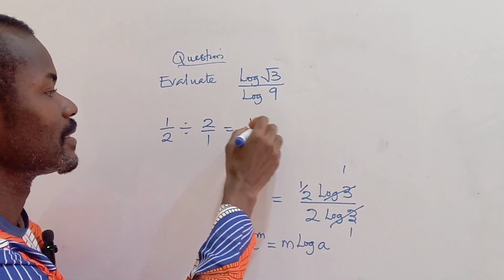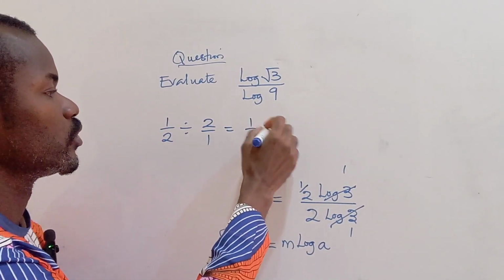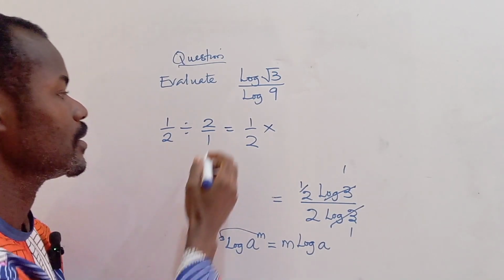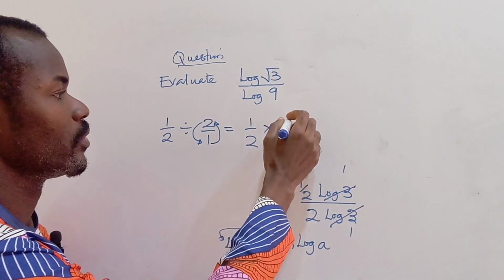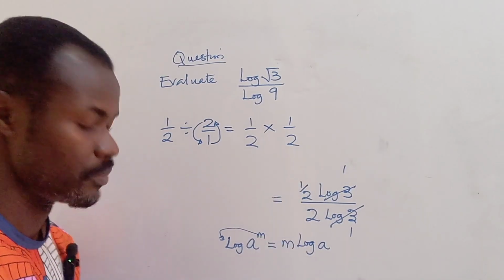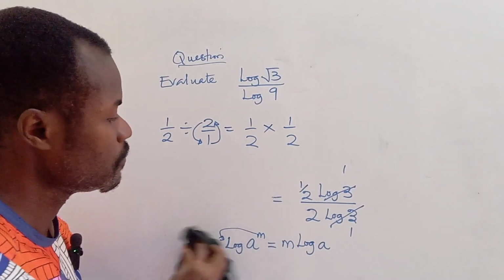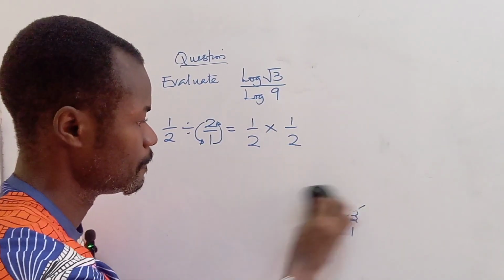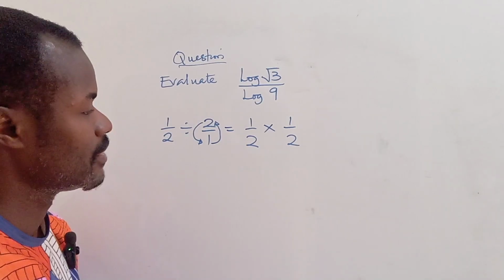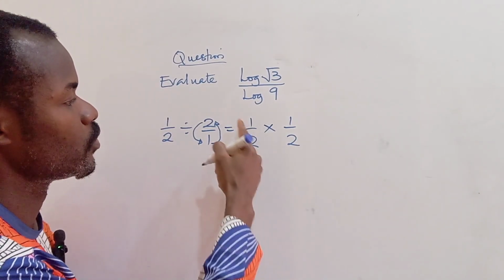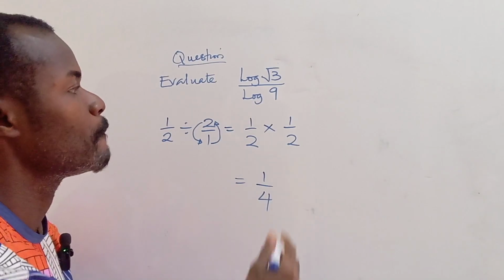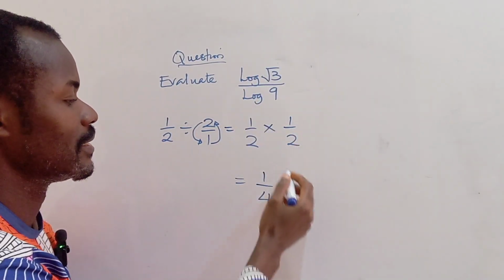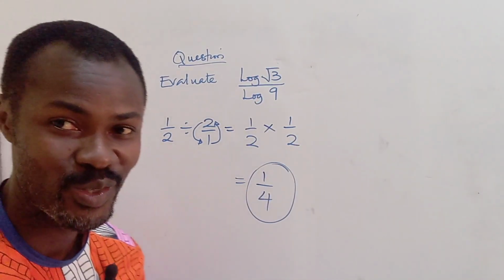I can write this as half, and of course this changes to multiplication, so we reciprocate: the 2 goes down. So we have this as 1 over 2. The simple answer becomes 1 times 1 is 1, 2 times 2 is 4. So if we evaluate this, our answer to this problem is 1 over 4.